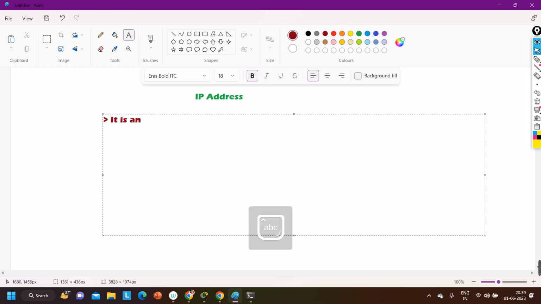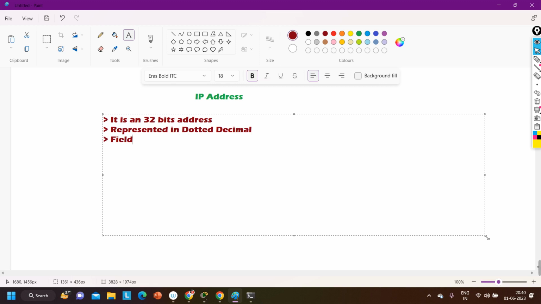It is a 32 bits address represented in dotted decimal. And we have 4 fields over here, and the representation of the fields is predefined in IPv4.